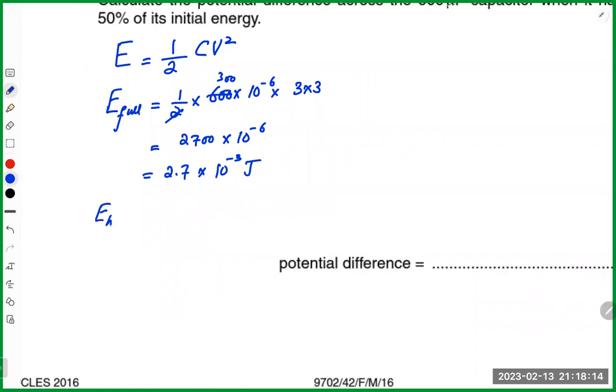When half, now energy is half. Half energy will be 1.35 into 10 to the power minus 3 joule. Capacitance will still be 600 microfarad. And we need to find out potential difference. So we will again use the same formula, put these new values in and find out the new potential difference.